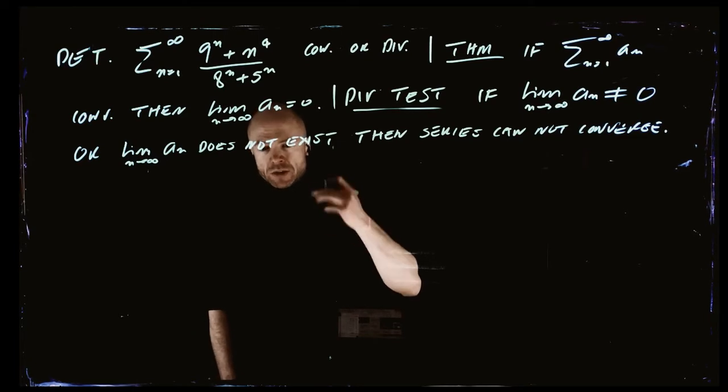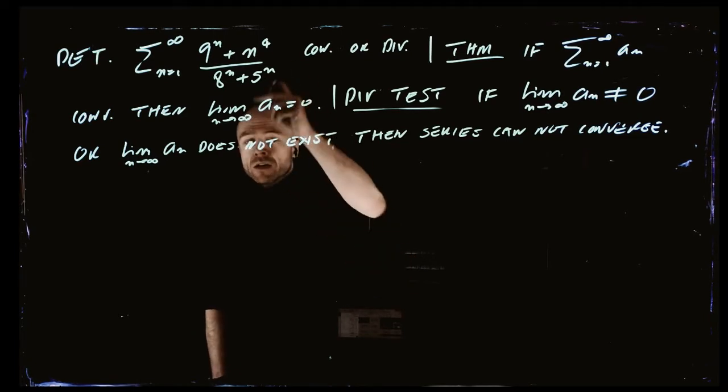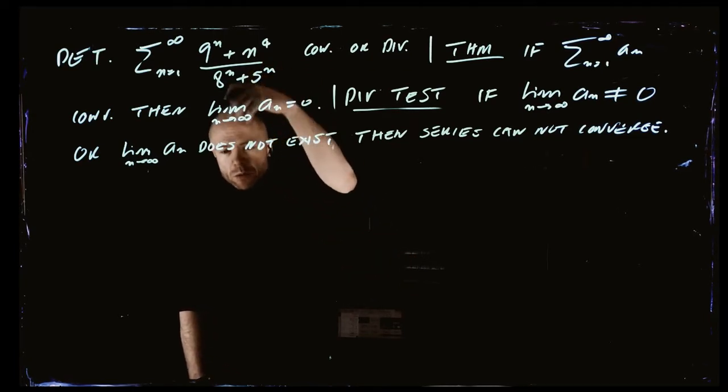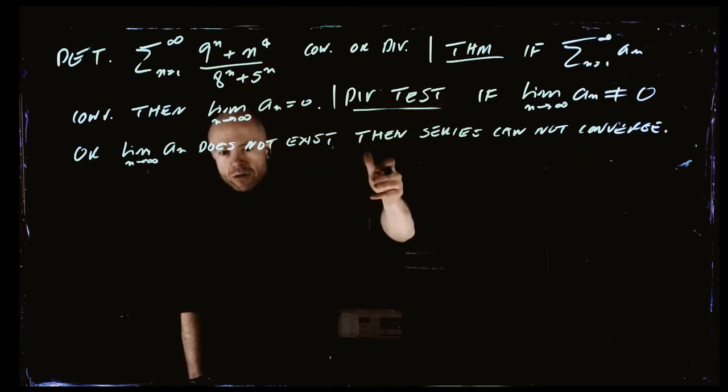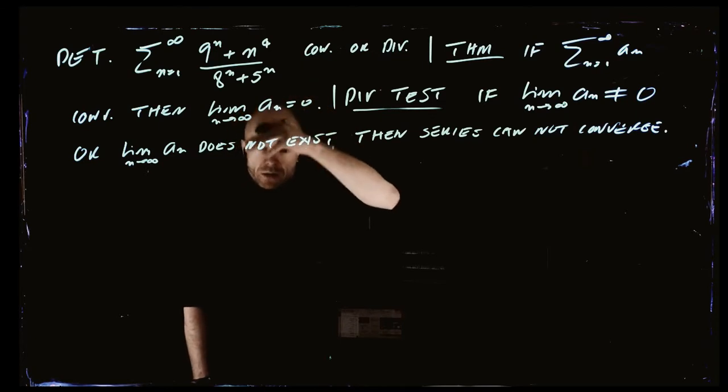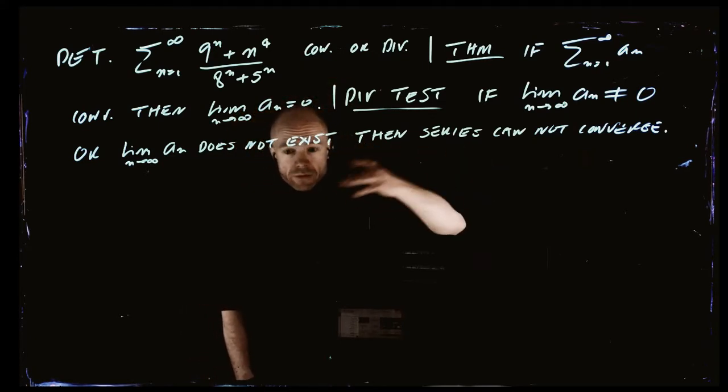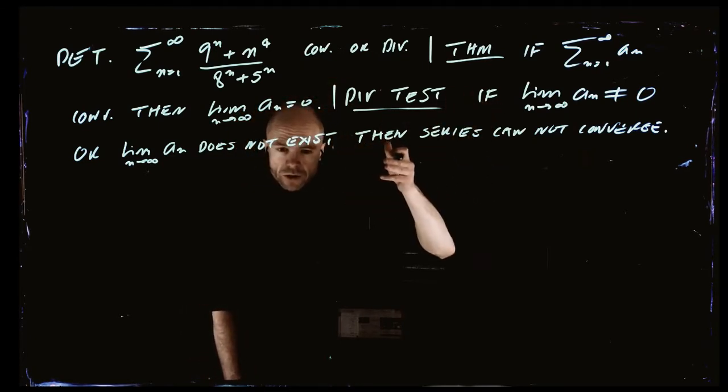So it's already giving us a hint that this is not a series we can actually calculate. It's more likely to be about answering whether or not it converges or diverges, and the only tool we have for that is the divergence test. You see what I mean?